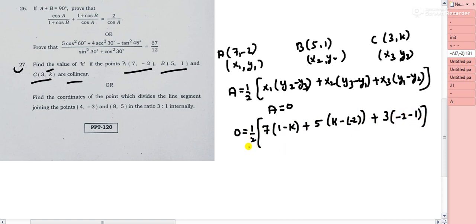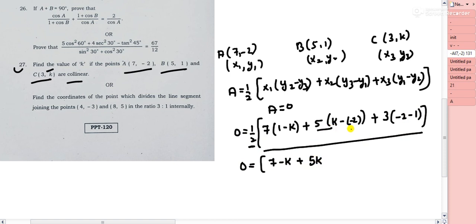Now if I transfer this, because this is multiplying with this whole bracket, to LHS, even that becomes 0. Now here you will get 7 minus k if you multiply, plus 5k, 5 into k, minus into minus plus, so plus 10, and here minus 2 and 1 is minus 3, so minus 9 you will get.